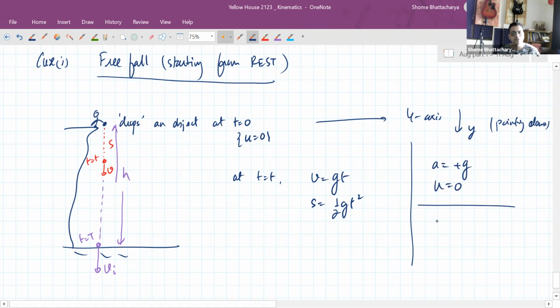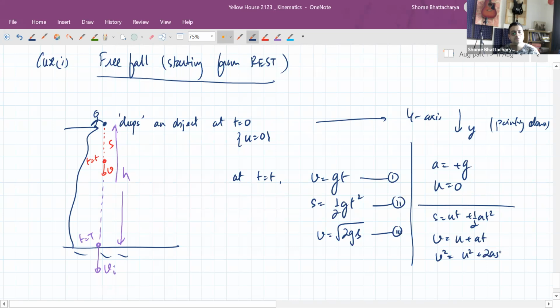Now using the equations s equal to ut plus half at square, v equal to u plus at, and v square equal to u square plus 2as, we get this equation. This is the first equation, this is the second equation, and v is equal to square root of 2gs. This is from the third equation.